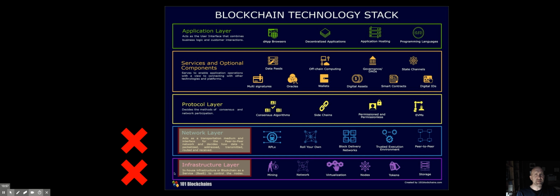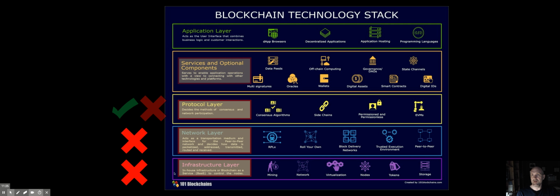And that's where it gets a little tricky, because you may actually be some entity that wants to create something on a side chain, on a permissioned portion of the blockchain. So on that layer, you may or may not want to participate as your platform. And then comes the big part, which is services and optional components. So these are things that you build, where you create particular wallets, data feeds, and so on and so forth.